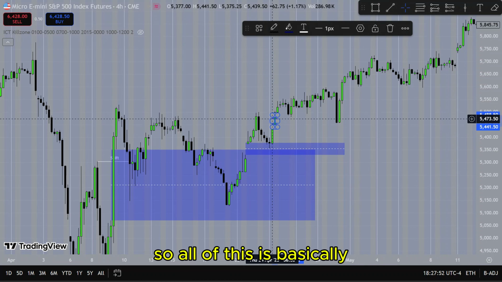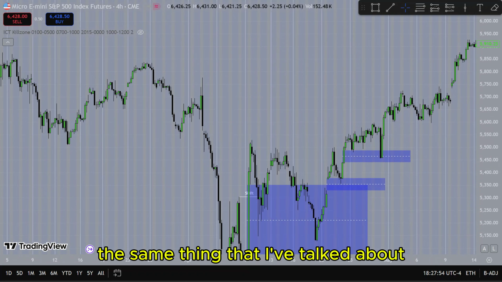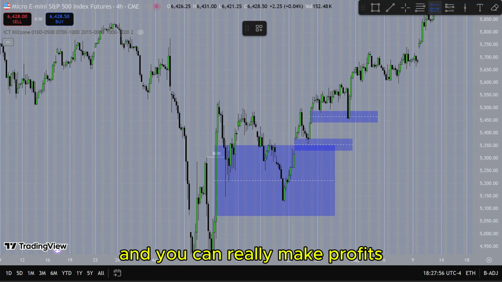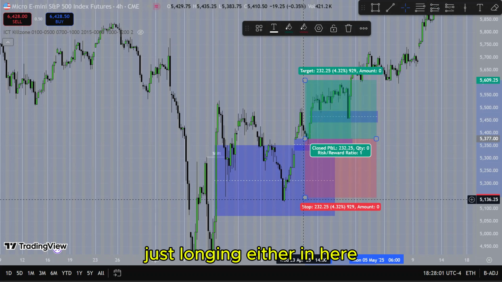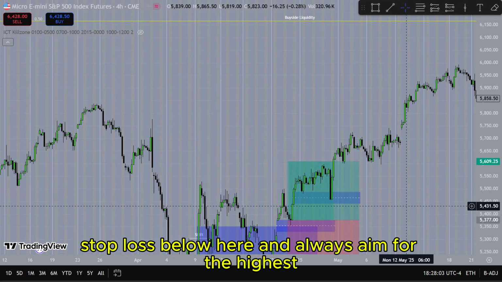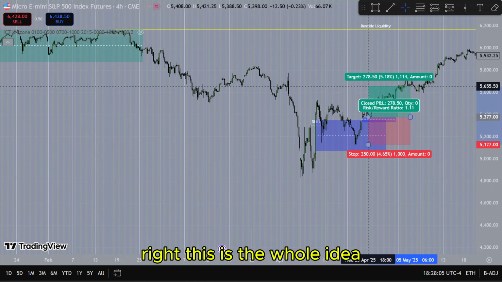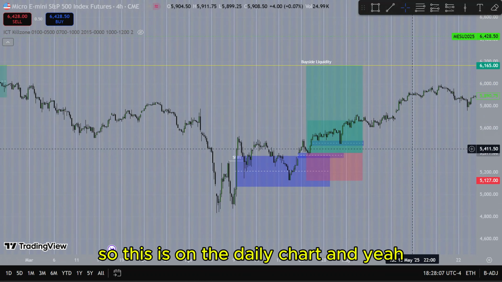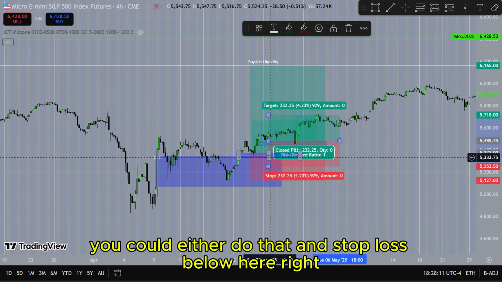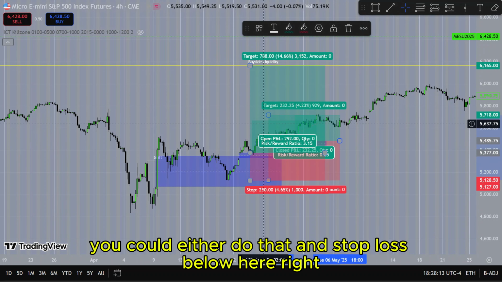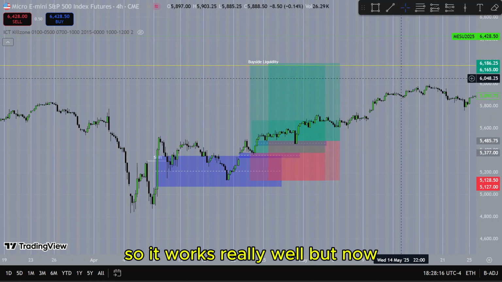So all of this is basically the same thing that I talked about, and you can really make profits just longing either in here, stop loss below here, and always aim for the highs, right? This is the whole idea. So this is on the daily chart, and yeah, you could either do that and stop loss below here, right? So it works really well.